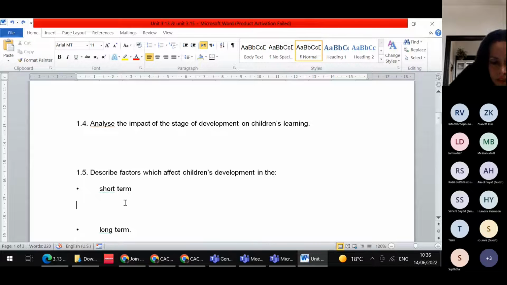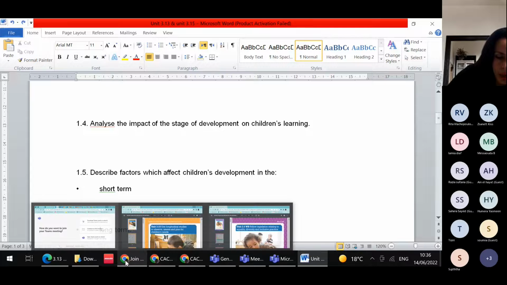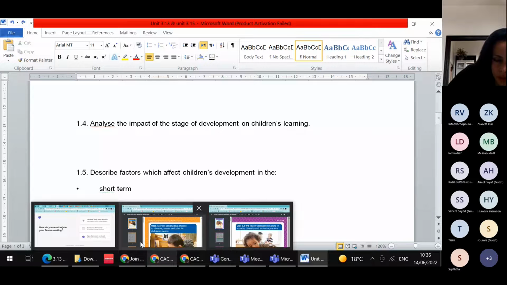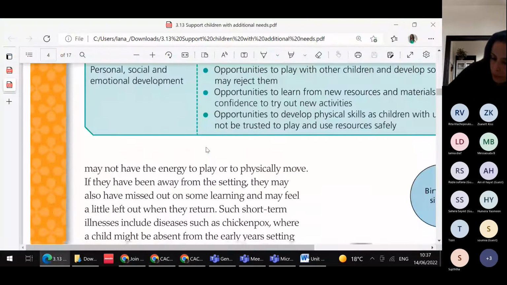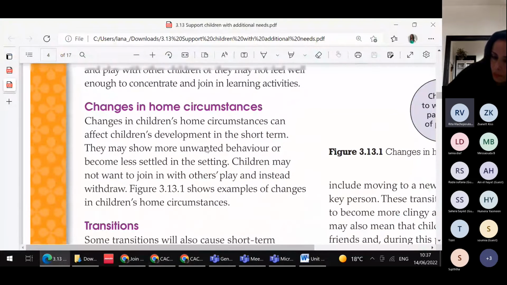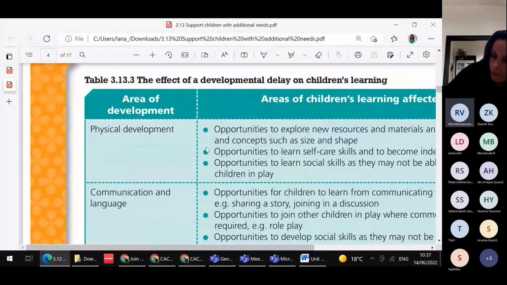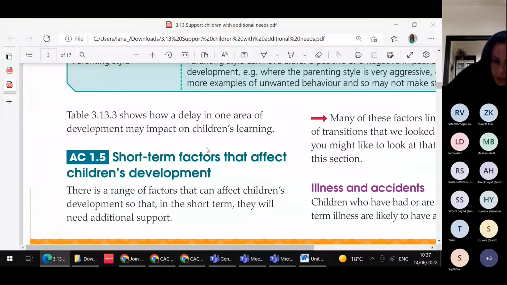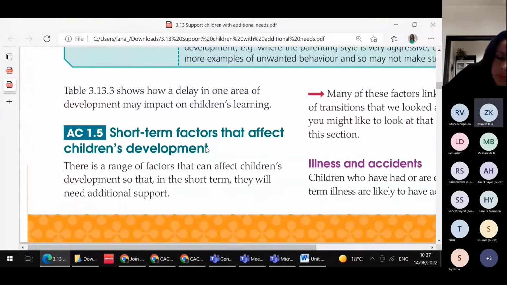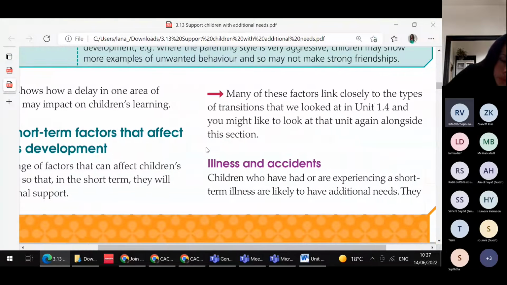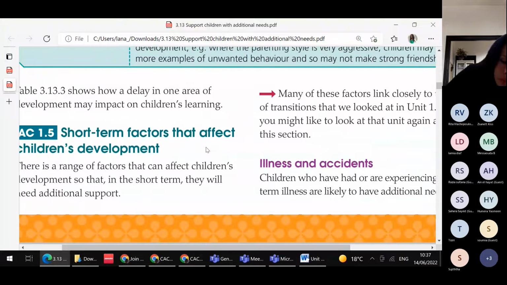So now describe factors which affect children's development in a short term and in a long term. Can you think about any factors that would affect the child development? Long term and short term. It could be genetic or environmental. Yes, like in the short term, environment can affect the children's development.